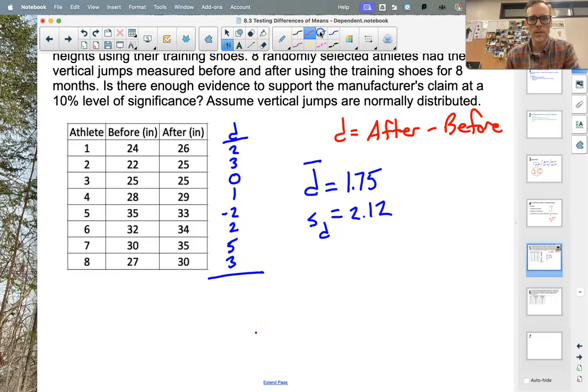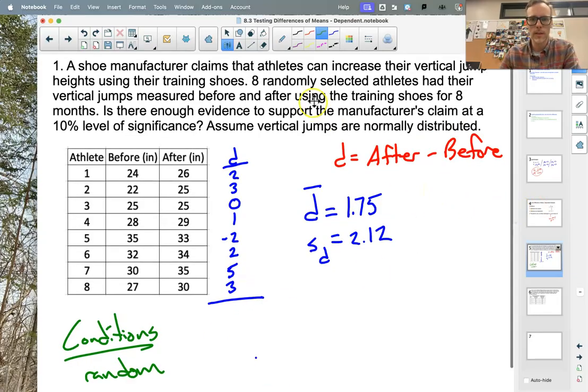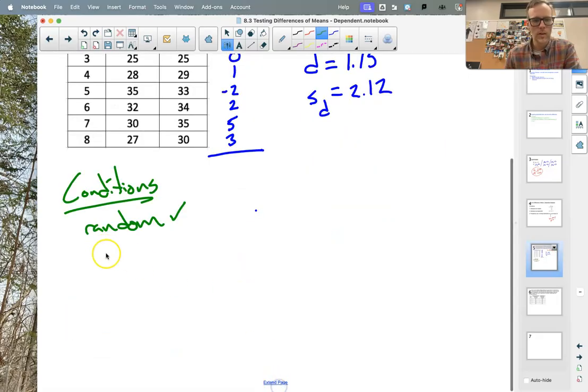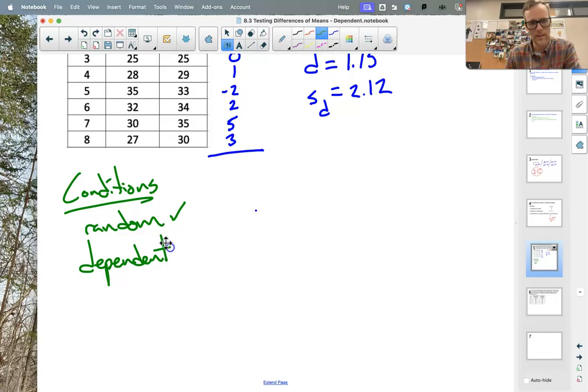Let's check the conditions for running this hypothesis test. Do we have randomness? 8 randomly selected athletes. Check. Are the samples dependent? We already talked about this. They're paired by athlete, same athlete.